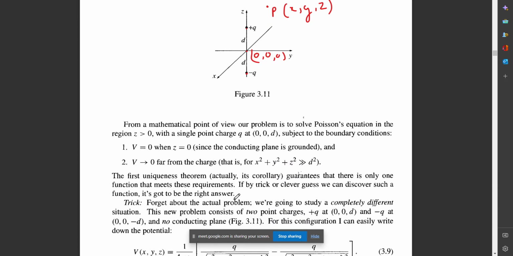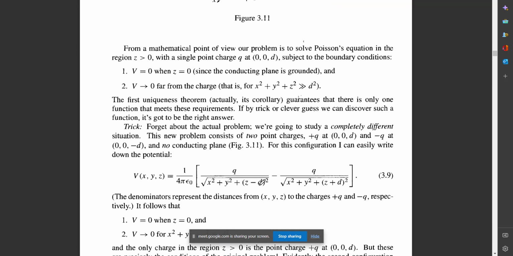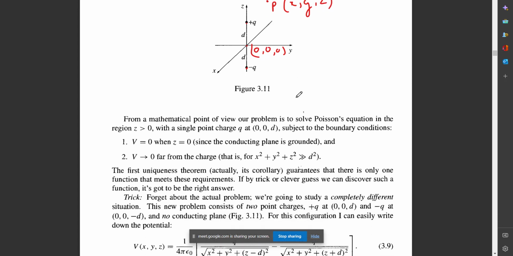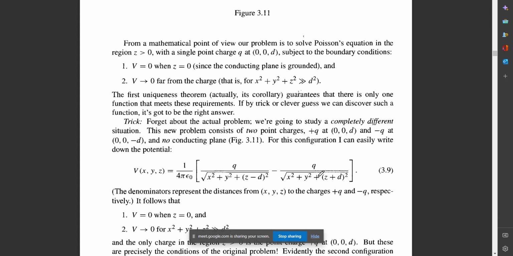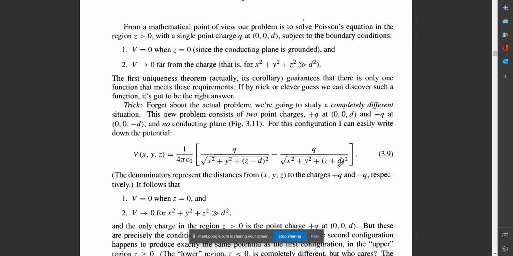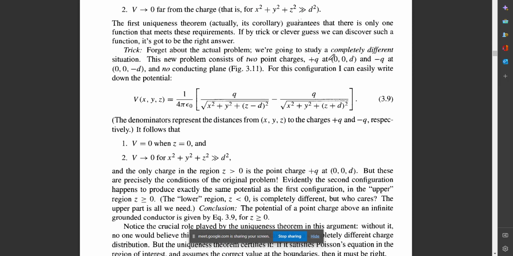The distance vector will be x square plus y square plus z minus d whole square, since the point charge here is at d. Then minus q upon x square plus y square plus z plus d whole square, since from here it will be z plus d, the distance vector.